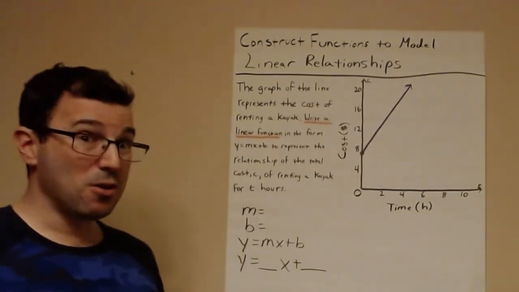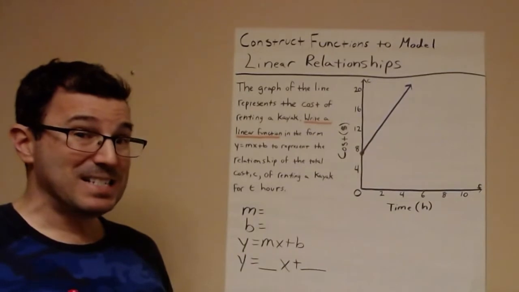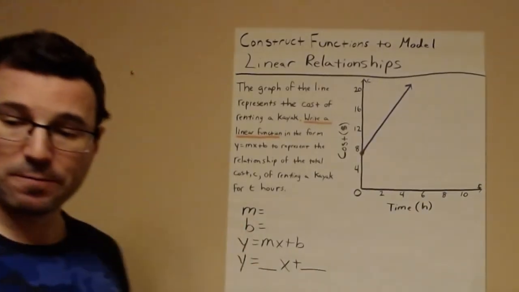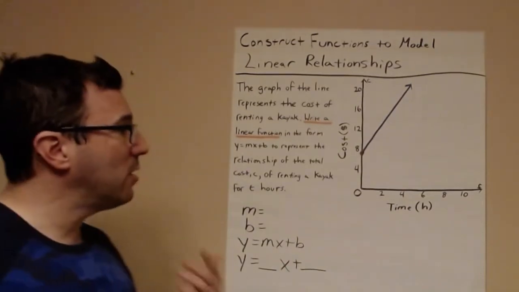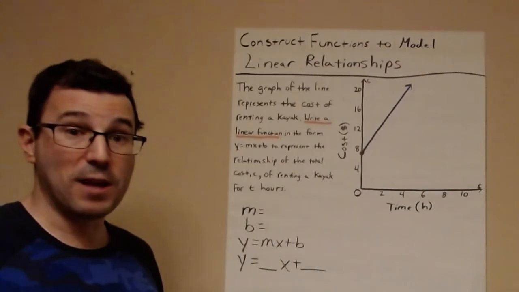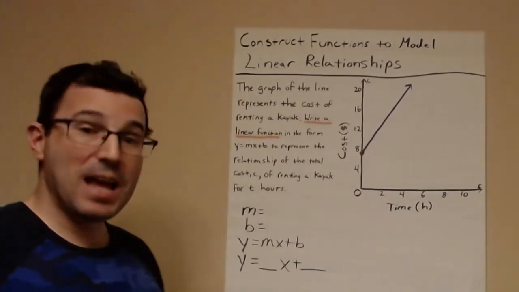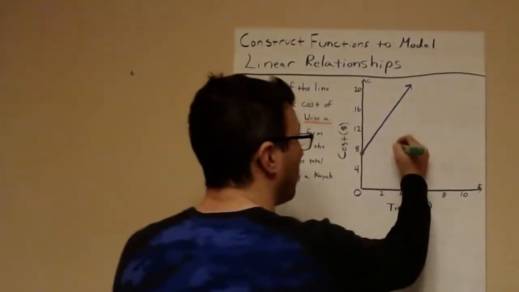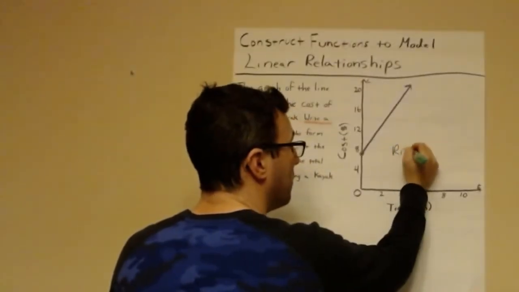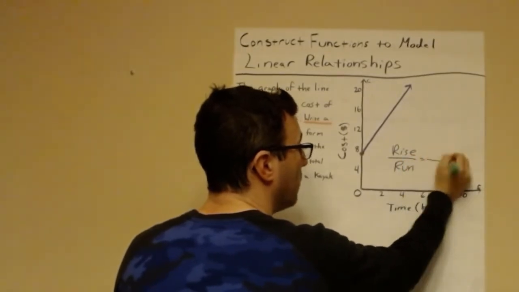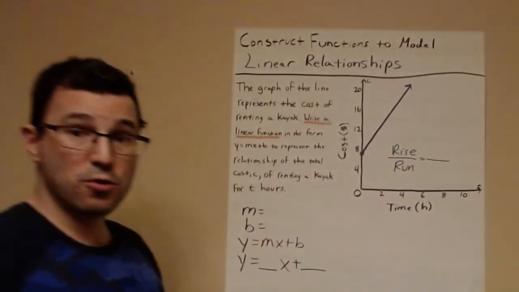So starting off with the y-intercept, unfortunately, not going to be able to do that this time. However, I'm going to look for 2 nice points so I can find the slope. And since I have a graph, I'm just going to do rise over run. So I'm going to look for 2 good points.